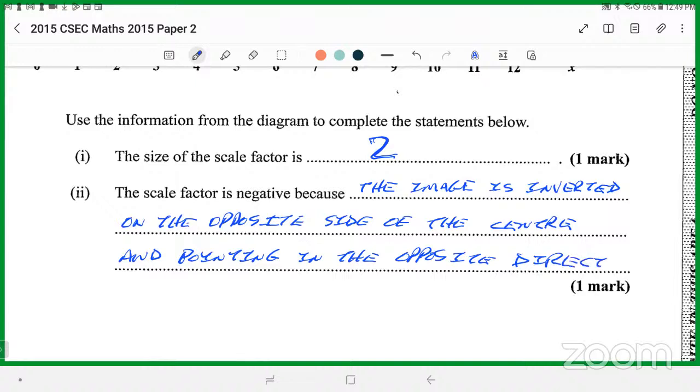I want my full marks. I'm giving them everything. I want the 1 mark. I want to answer it fully.